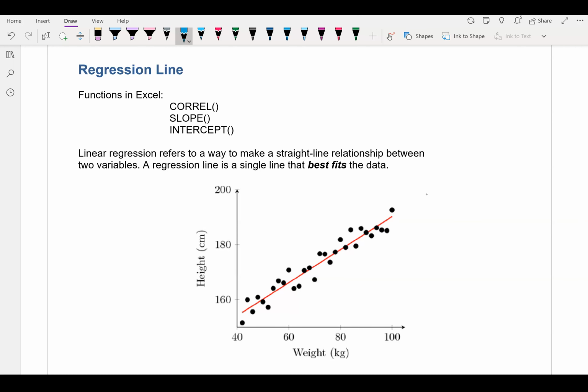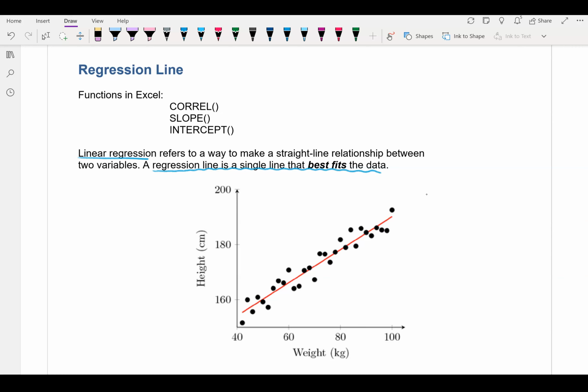Linear regression refers to a way to make a straight line relationship between two variables. A regression line is a single line that best fits the data. So it's the line that we've already been working with. It's the line that tries to go through the data the best that it can, and some of the points will be right on it, and they'll be spread out about that line.